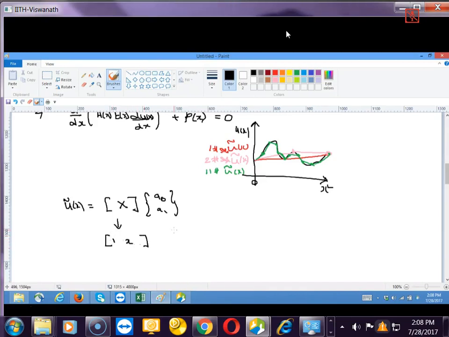This is the best rather than taking x to the power of 7 or x to the power of 10. That is a wrong choice. This is a good choice, because when you are picking a complete basis, it is always best to take it in the powers of x to the power of 0, x to the power of 1, x to the power of 2, in the increasing order. You take it.